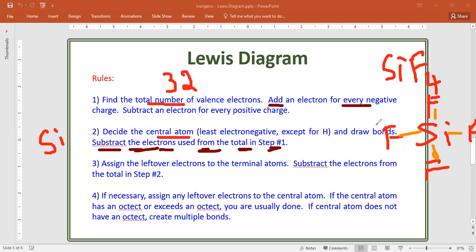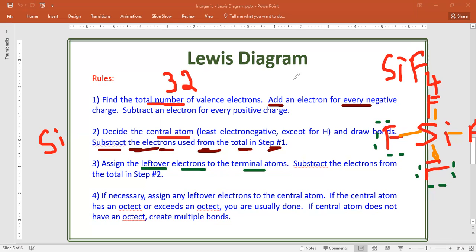So how many electrons are left on the fluorine? Each fluorine has 6 electrons: 1, 2, 3, 4, 5, 6. Similarly, 1, 2, 3, 4, 5, 6. Like that we can imagine for the remaining.